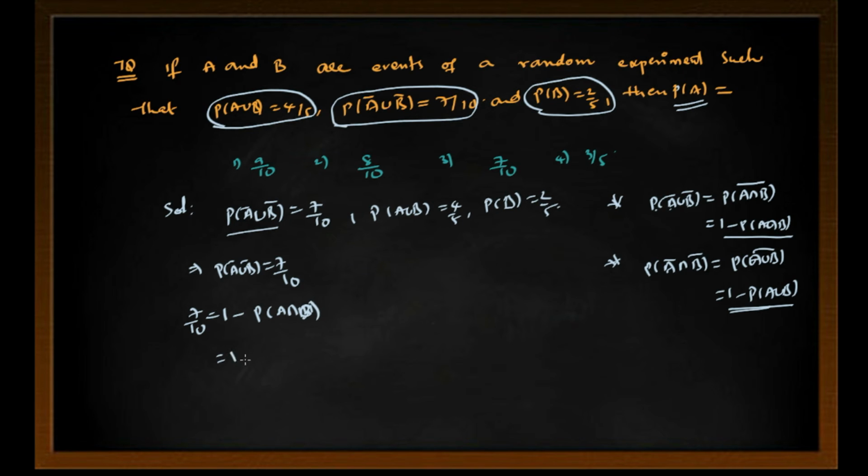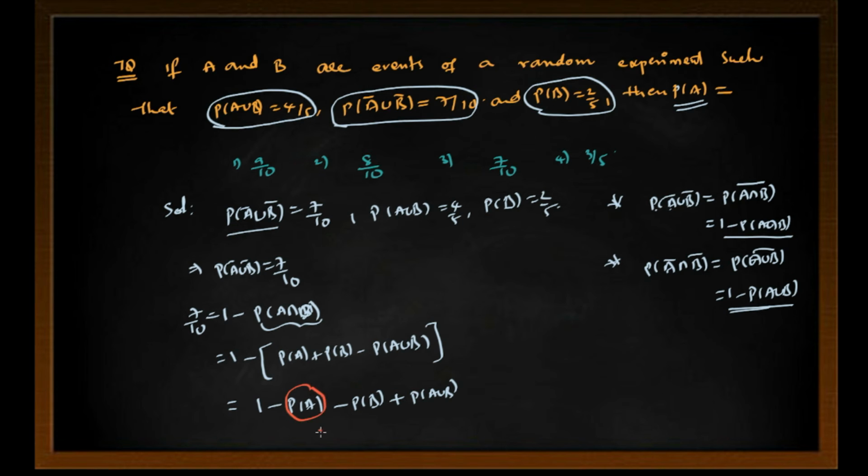Okay, and what about the formula of P of A intersection B from the addition theorem? That is P of A plus P of B minus P of A union B. So this one becomes 1 minus P of A minus P of B, and multiplying with the minus, minus of minus gives plus P of A union B. From this we have to make P of A the subject.